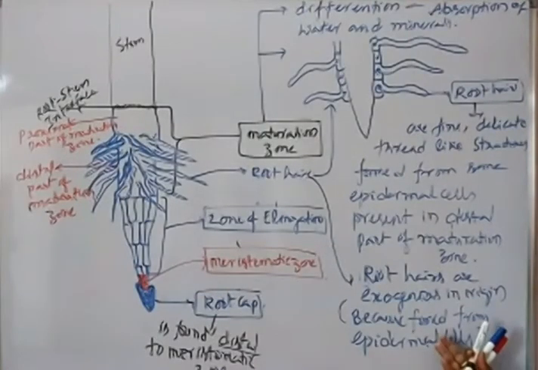Here I have written exogenous origin means formed from epidermal cells or external cells.